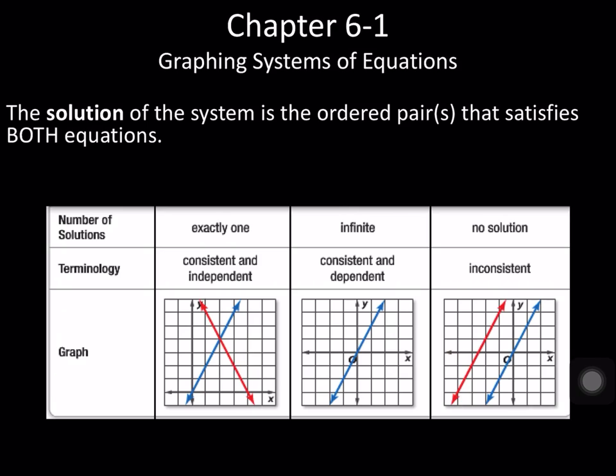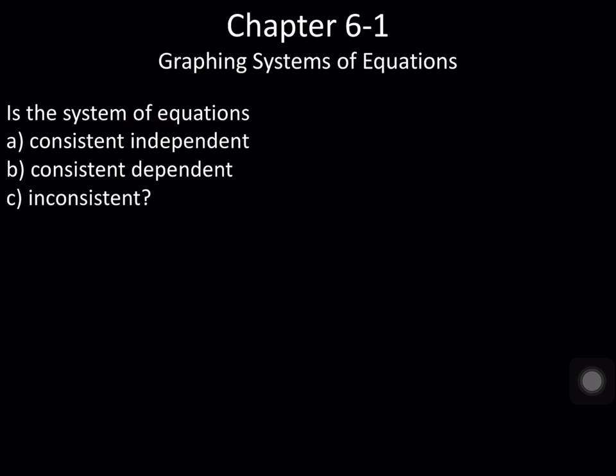Lines that have the same slope but don't intersect are going to be your no solution situation. Here are the three things we've talked about already: consistent, independent, one answer; consistent, dependent, infinite answers; inconsistent, no answers, no solution.